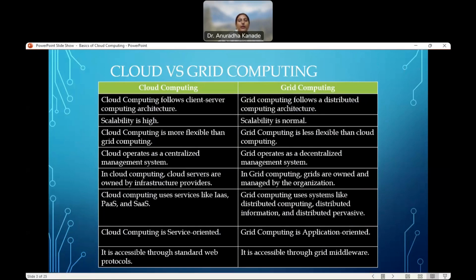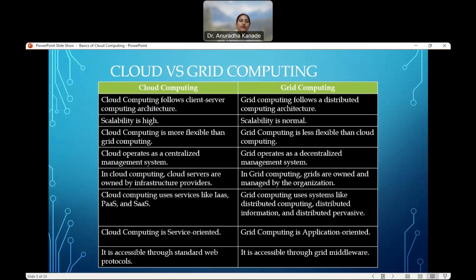In case of grid computing, all the resources are connected to each other to form one virtual resource, and this is shared between the organizations.